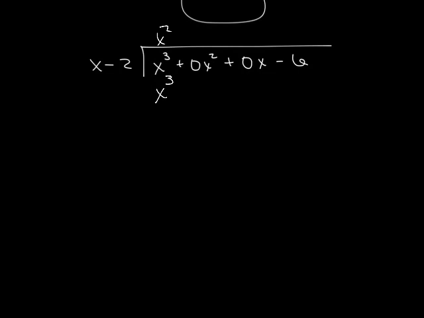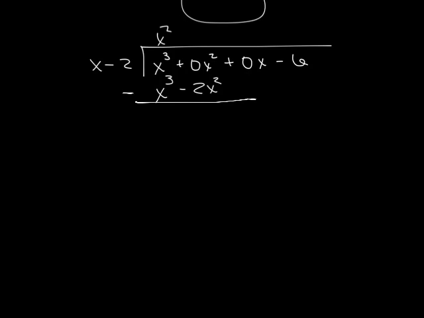And like I said, these have to match exactly. Now we're going to take x squared times negative 2 and we get negative 2x squared. And this will always happen. Your squares will be above and below each other, just like we want, so that we can combine them. Put a line here, put a negative.